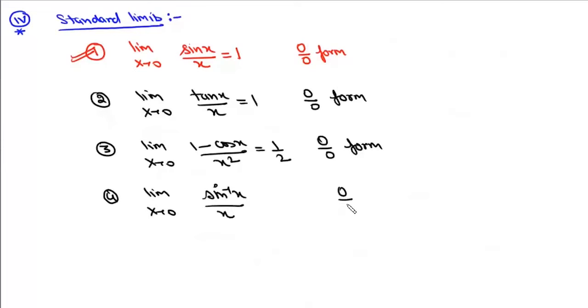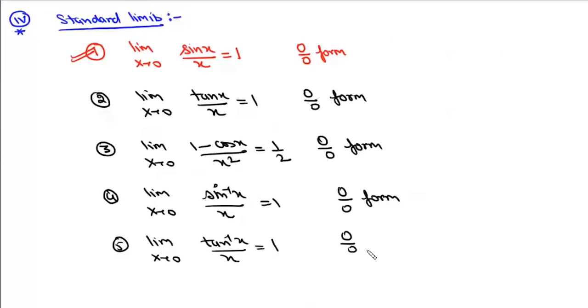Now sin inverse 0 is 0, x is 0, so this again is 0 upon 0 form. The standard limit is also 1, and we have this limit x tends to 0, tan inverse x upon x, and it is equal to 1 if it is 0 upon 0 form.